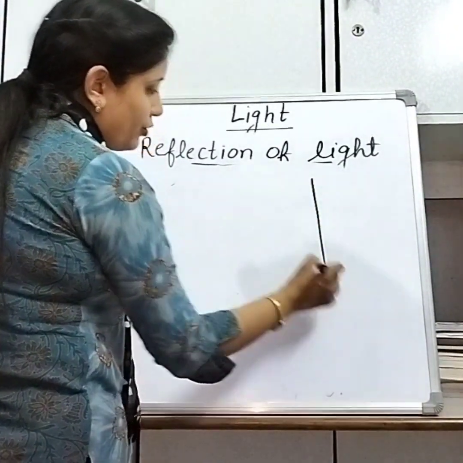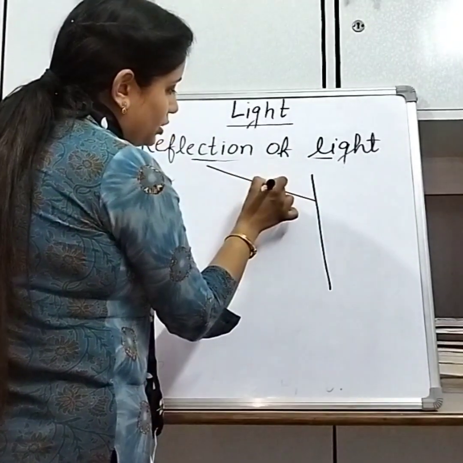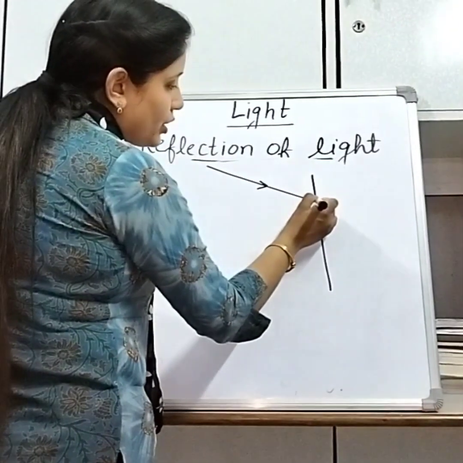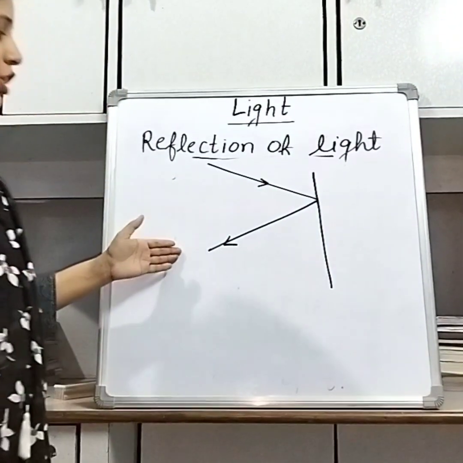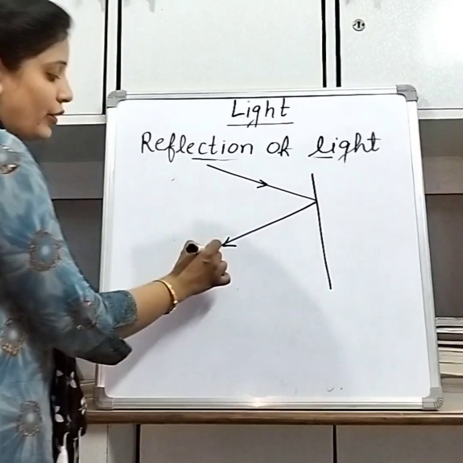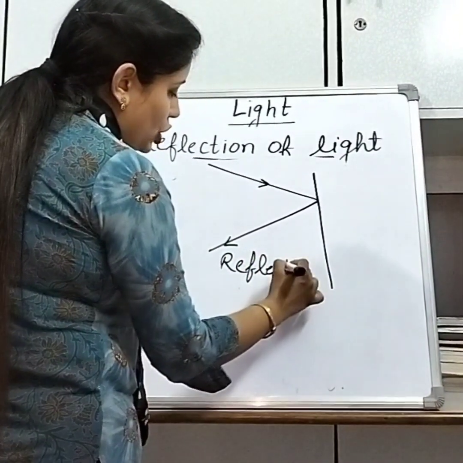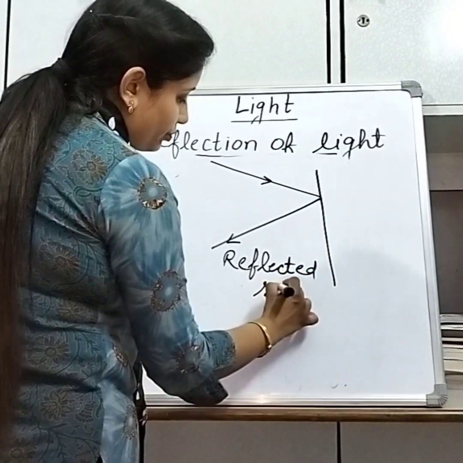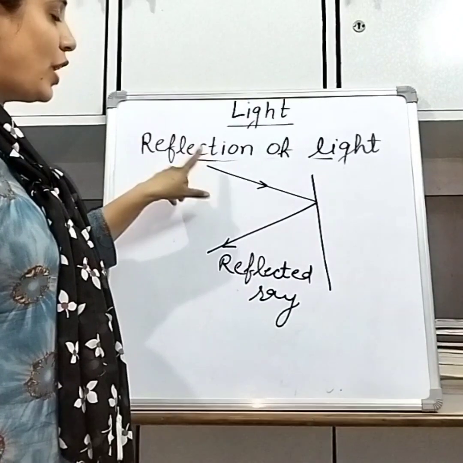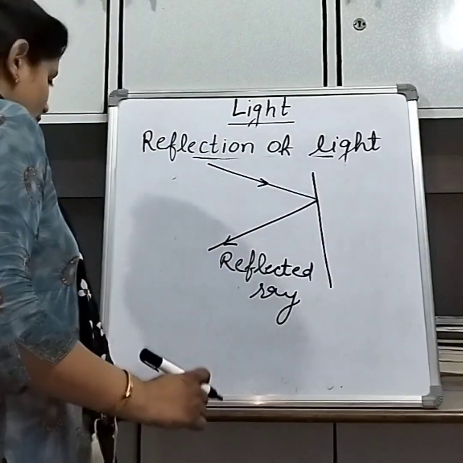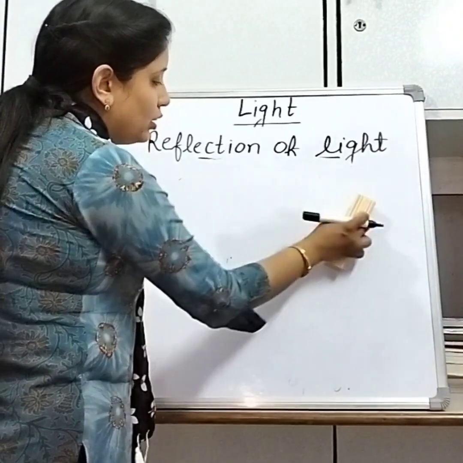Suppose this is a plane surface and light is coming from this side. Then this surface sends back the light radiation in another direction, and that ray is known as the reflected ray, and that phenomenon is known as the reflection.